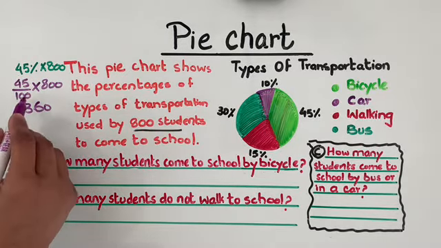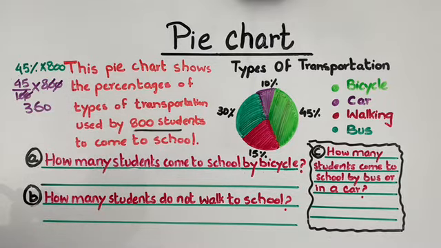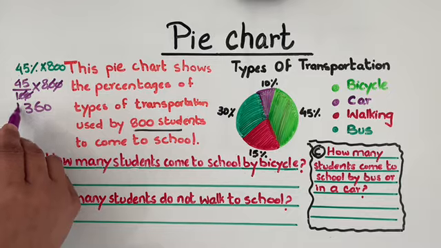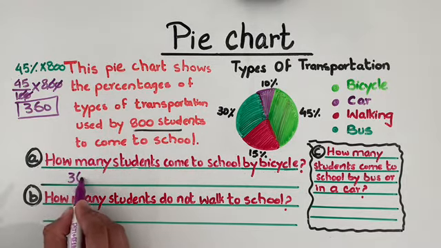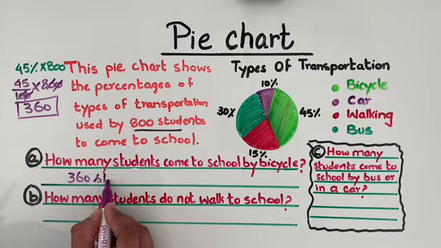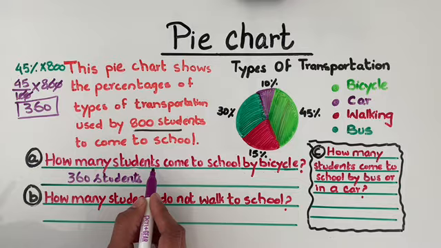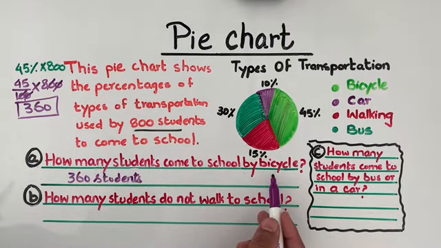How will we solve it? In the denominator we have 2 zeros and in the numerator we have 2 zeros. So I'm going to cut these two with these two. 8 times 45 is equal to 360. So 360 students out of 800 students come to school by bicycle.